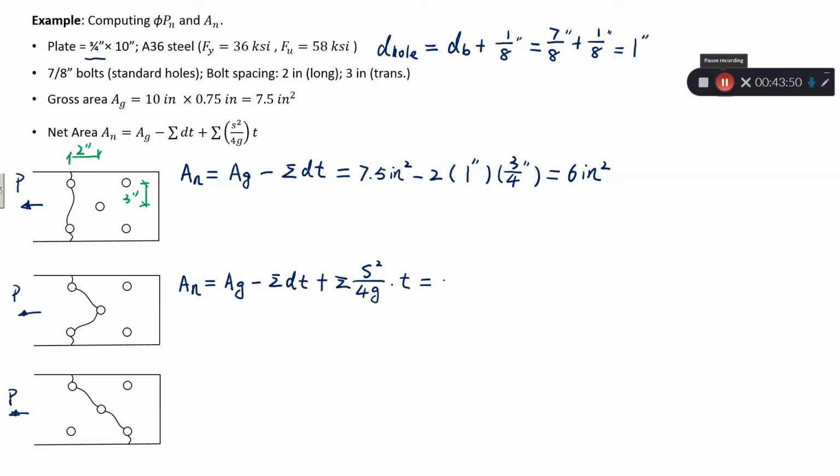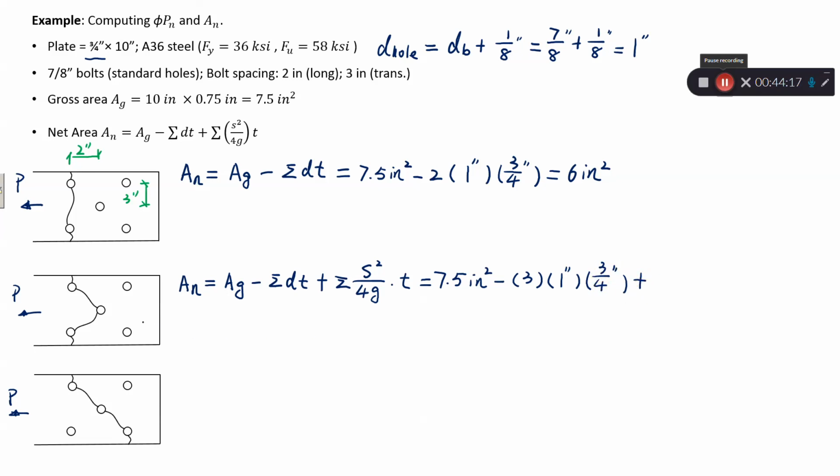So the cross-sectional area is 7.5 inch squared minus along the path we have 3 holes, so this time use 3 times 3 times 1 inch, which is the hole diameter, times the thickness, 3/4 inches.